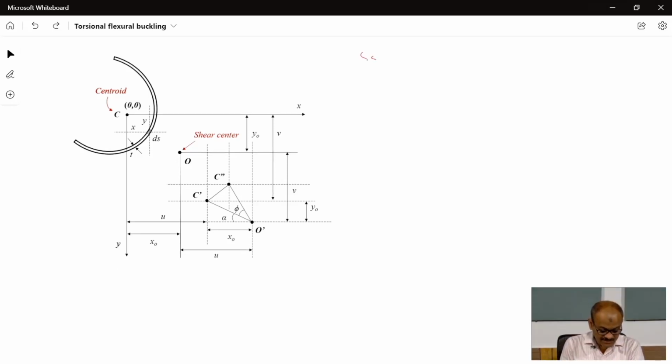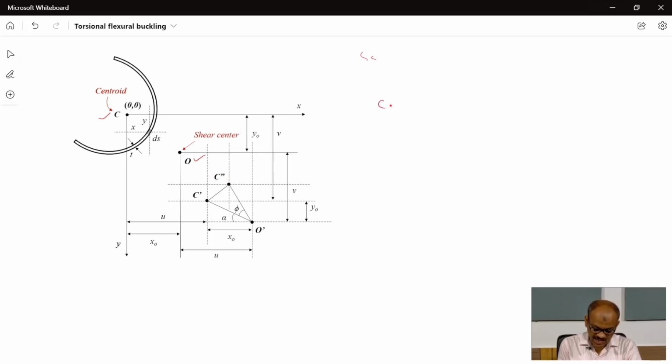If you see this figure, C is the centroid and O is the shear center. When the section is subjected to axial load, the section undergoes translation as well as rotation. This centroid C moves to C double dash and the shear center O moves to O dash.